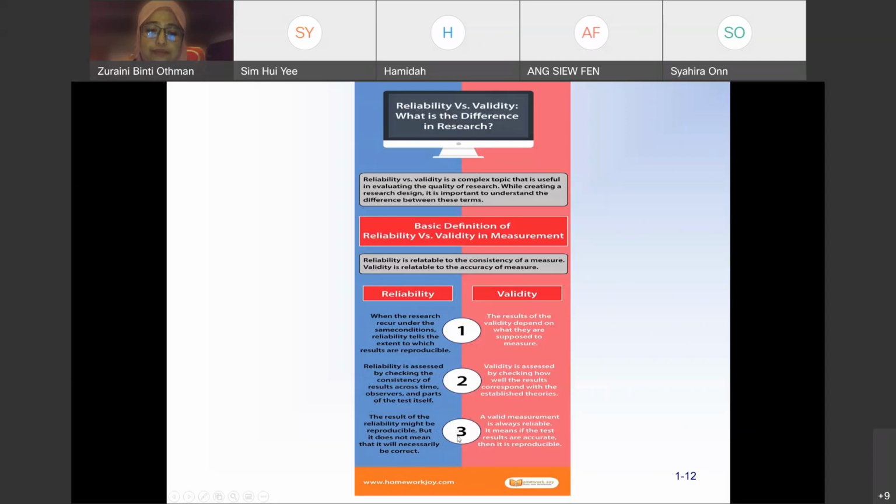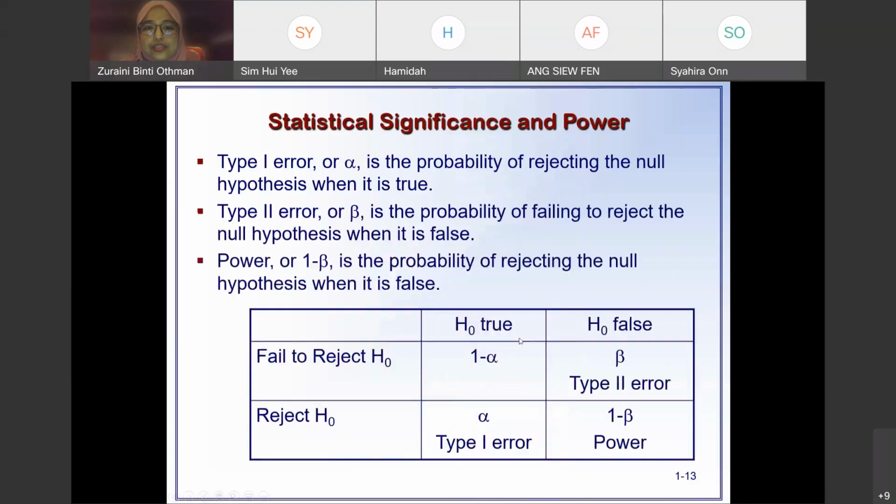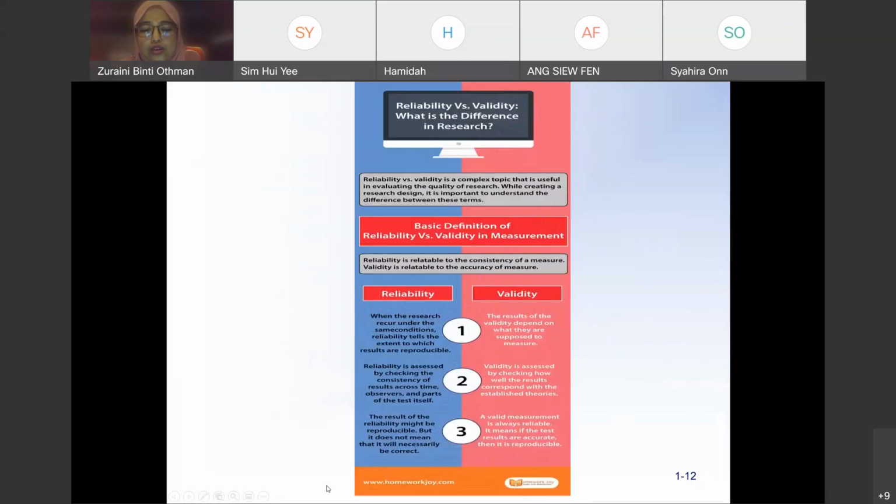Number 3: the results of reliability might be reproducible, but it does not mean that they will necessarily be correct. And a valid measurement is always reliable, meaning the test results are accurate when reproducible. This is when we call it reliability and when we call it validity in our research. I'm taking this from the notes from homeworkjoy.com.